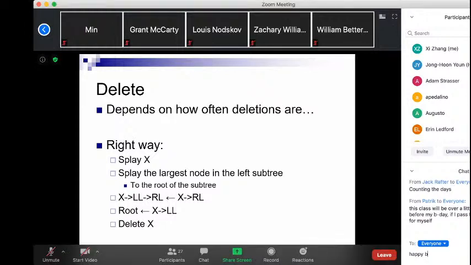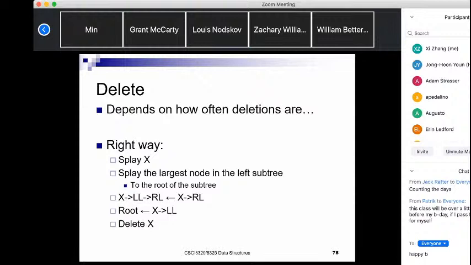If you want to delete X, here is the sequence. First, we have to splay X, and then splay the largest node in the left subtree. How to find the largest node in the left subtree? We can use the find maximum code for the binary search tree.